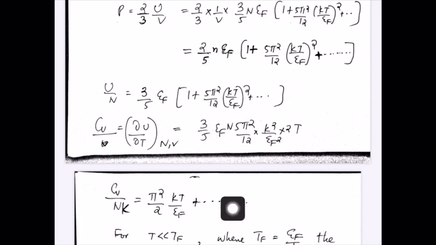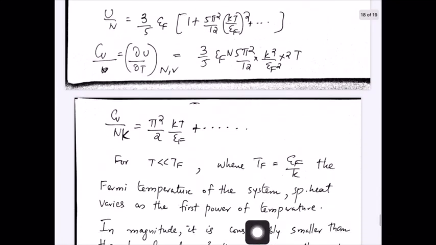Okay, and when temperature becomes 0, CV by Nk becomes 0. Energy density becomes what? 3 by 5 epsilon f, that we have already got, and pressure becomes 2 by 5 small n epsilon f. Okay, at T equal to 0, we have already done this analytically. We have done all these things. So we get the same result.